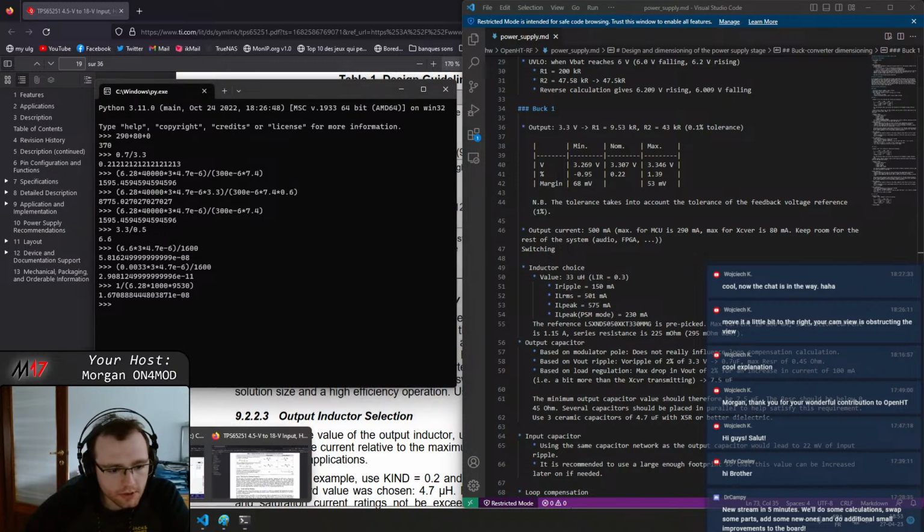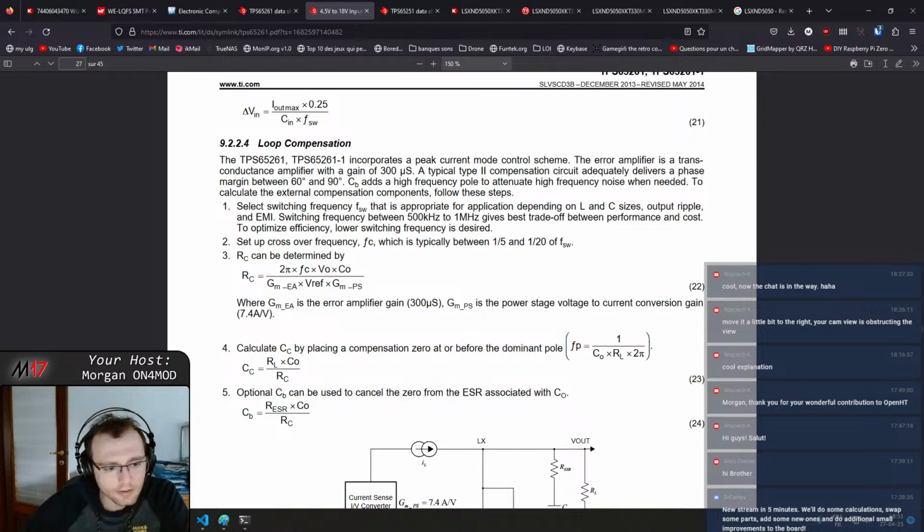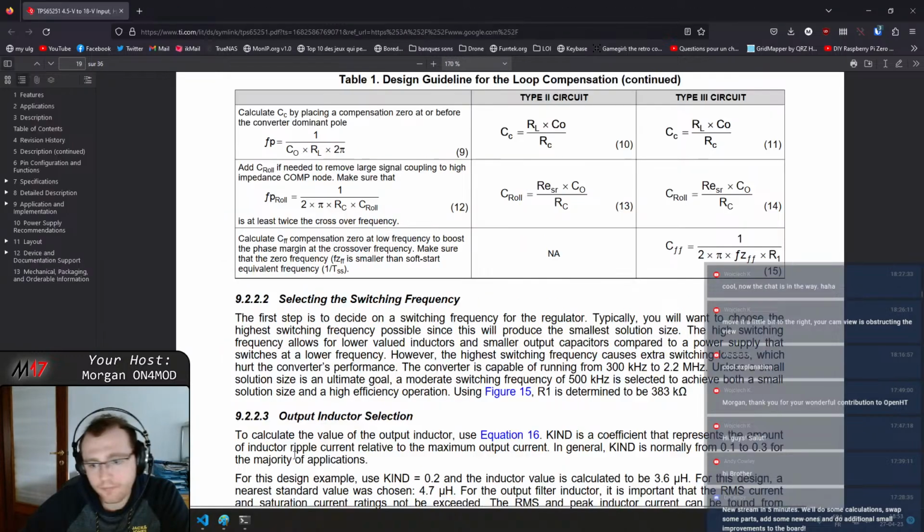So, sorry, let me have a look at the equations again. So if we want it to be lower than 5000, we need to increase CFF. I think I will pick a value which is at least twice that.